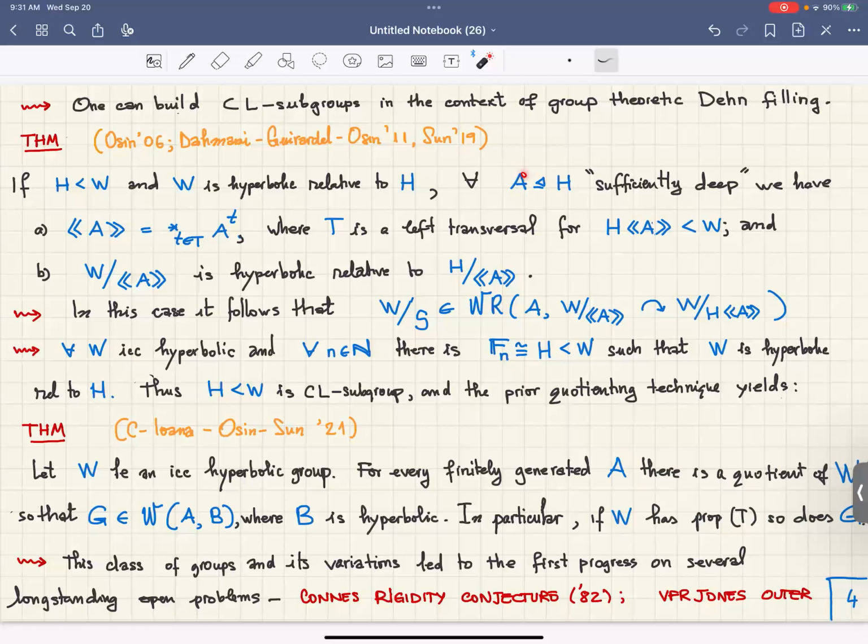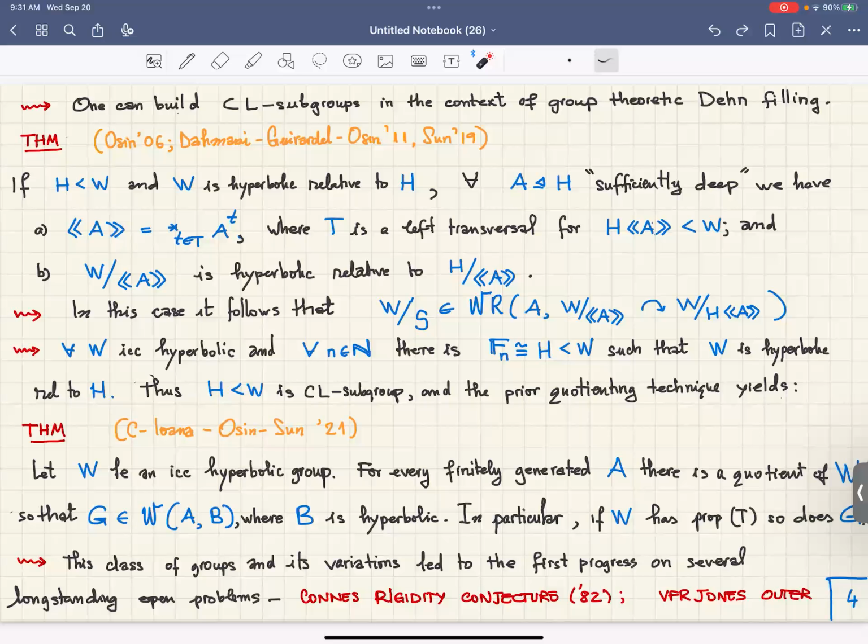If you do that, then the normal closure of this H inside the whole group is going to be a folded free product of conjugates of this A via a transversal, inside the subgroup generated by the normal closure of A and H inside W. Moreover, the quotient that you obtain still preserves hyperbolicity. This is specifically the Dehn filling.